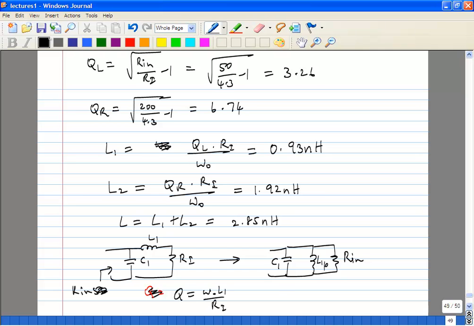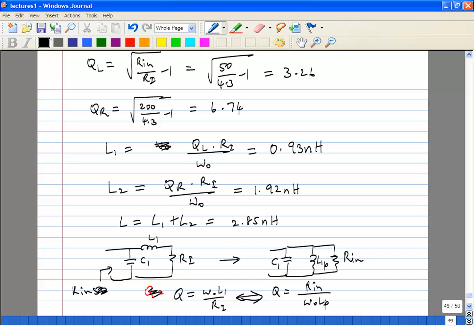And for this side, Q is Rn over omega naught Lp. And these two are the same because the networks are identical. If you do it this way, you'll get Lp, and you'll need to convert back to L1. This is just a more straightforward way, because of course you know the relation between Lp and L1 in terms of the Q.